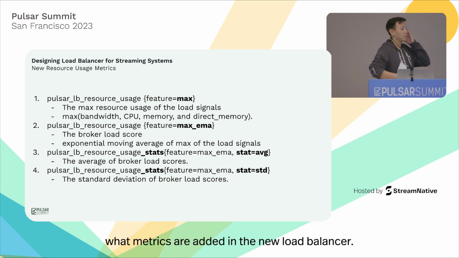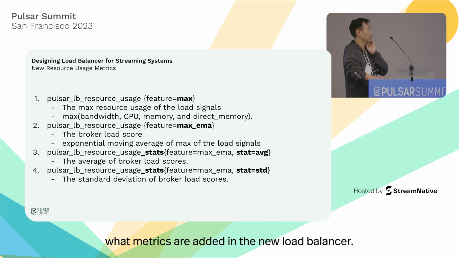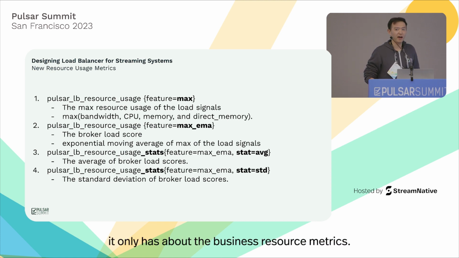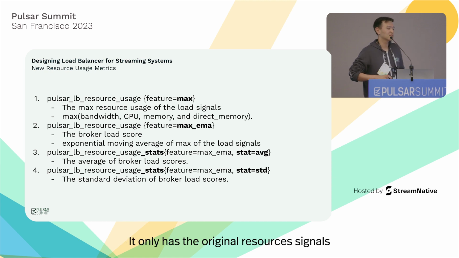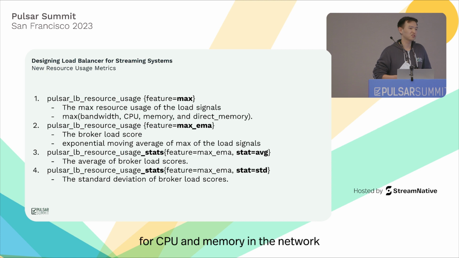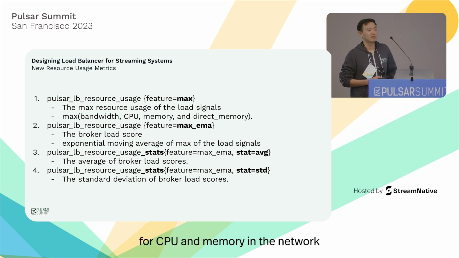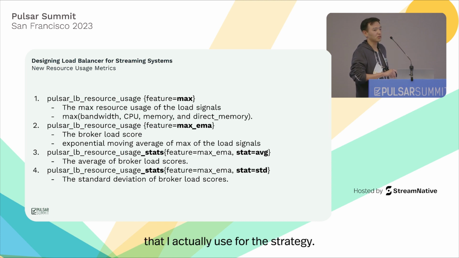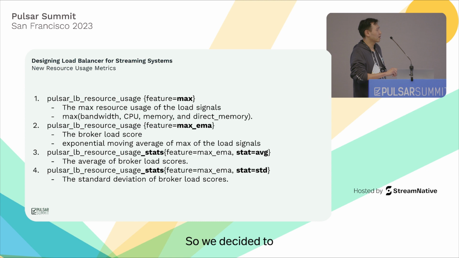Let's talk about what metrics are added in the new load balancer. In the existing load balancer, for resource usage metrics, it only has the original resource signals for CPU, memory, and network, but it doesn't have the computed score that is actually used for the strategy. So we decided to add the computed resource usage score.